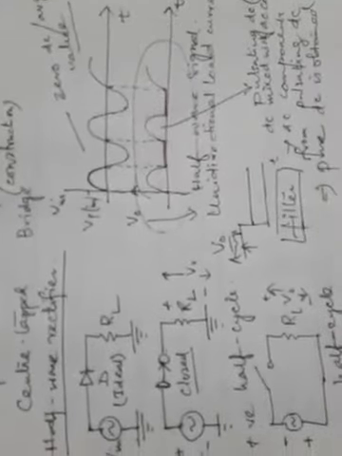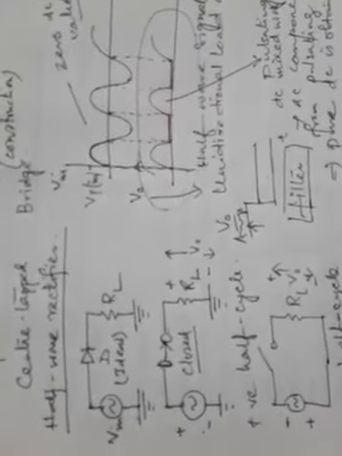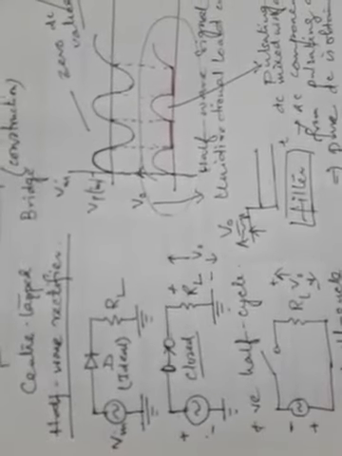So this is nothing but pulsating DC. Pulsating DC means it is DC mixed with AC components. So we need a filter connected at the output of the rectifier, half wave in this case, so that we can get pure DC as much as possible.